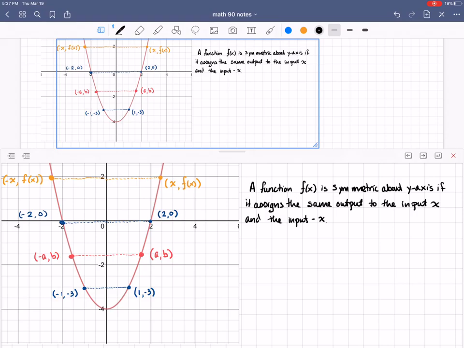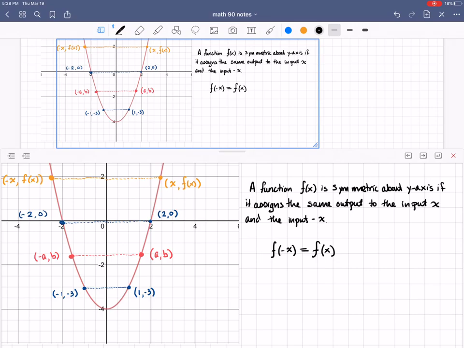In other words, f of -x is the same as f of x.